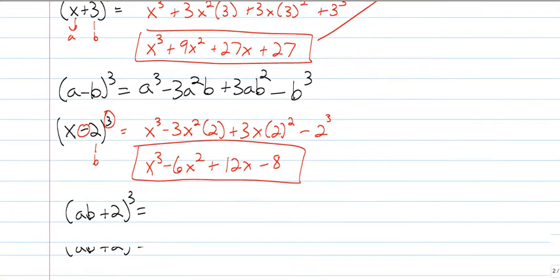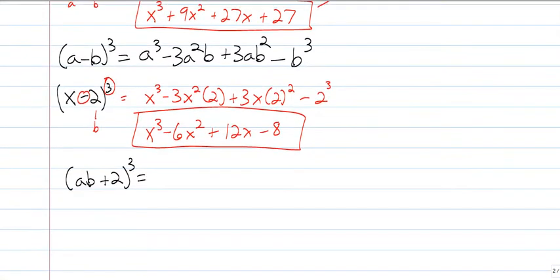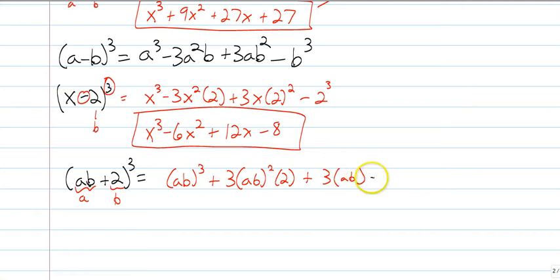Now, we can do this with letters too, using the pattern if you don't want to multiply it out. So this would be like our a value, this would be our b value. So we have ab cubed plus 3ab squared times 2 plus 3ab times 2 squared plus 2 cubed.